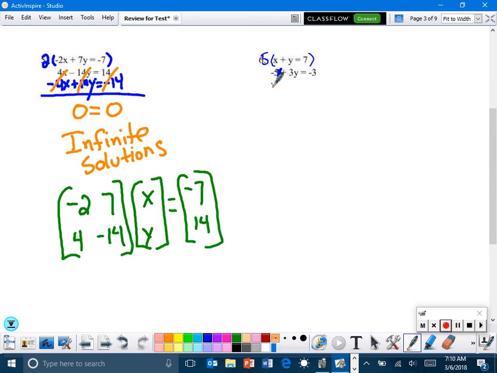All right, so that becomes 5x plus 5y equals 35. The x's eliminate. I've got 8y equals positive 32. Divide by 8, and y is 4.